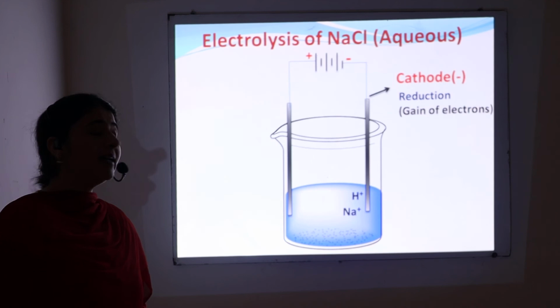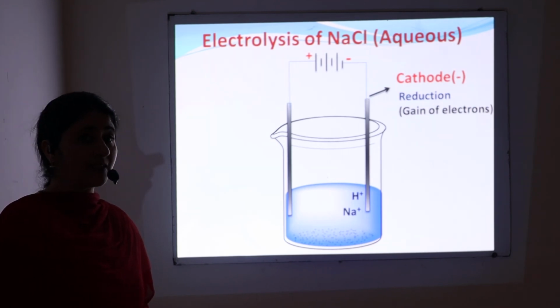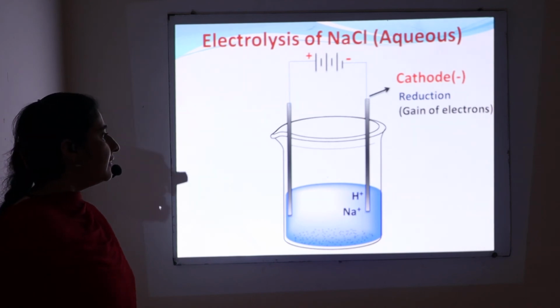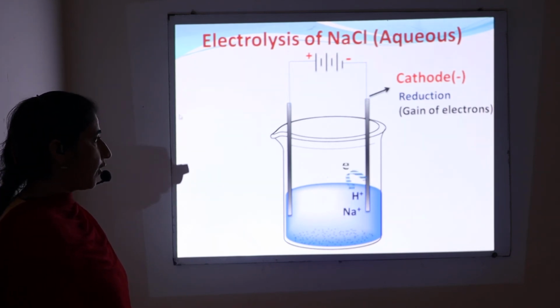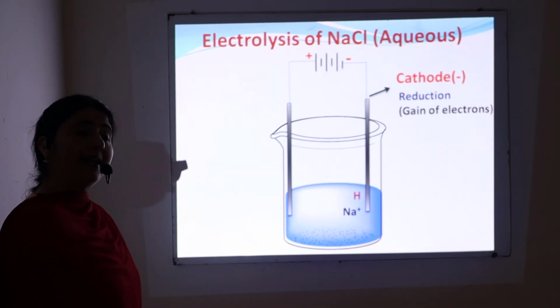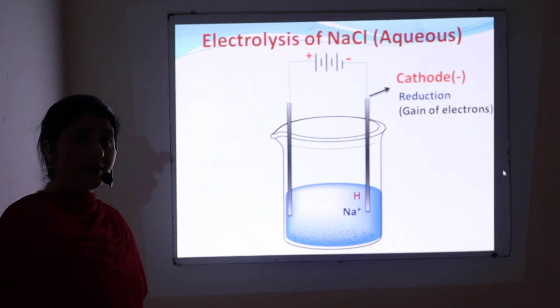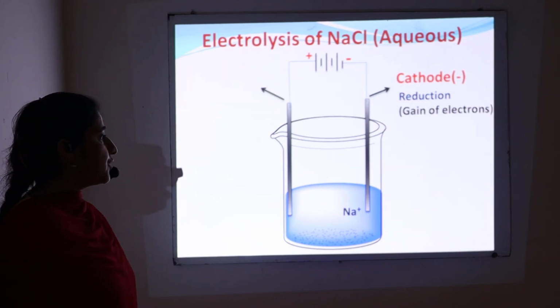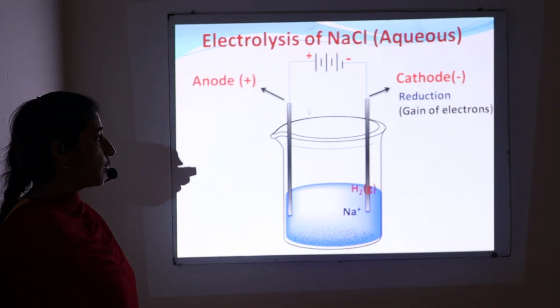So H positive ion has a greater tendency to reduce as compared to sodium ion. The H positive ion gains electron from the electrode to form an H atom. The H atom is unstable, so it combines with another H atom to form H2 gas. So at the cathode, hydrogen gas is produced.